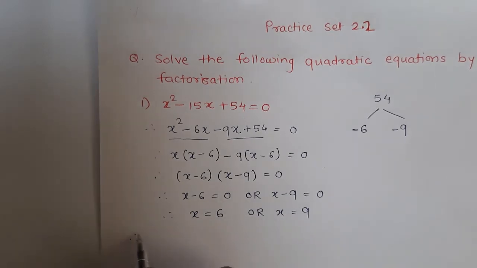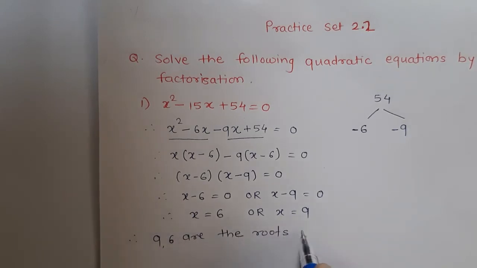So we can write that 9 and 6 are the roots of the given quadratic equation. Okay students, got it? How to find the factors of a given quadratic equation. Let's discuss one more example.